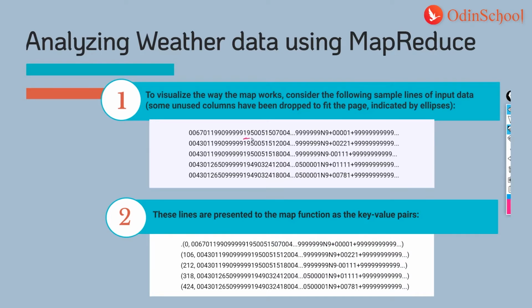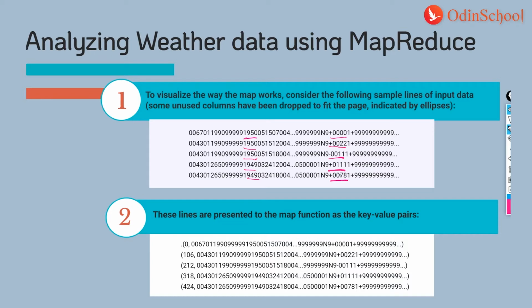it's data for 1950, like we have seen for 1901: 1950 plus 0000, then 1950 plus 0022, 1950 minus 0011, 1949 plus 0111, 1949 plus 0078.